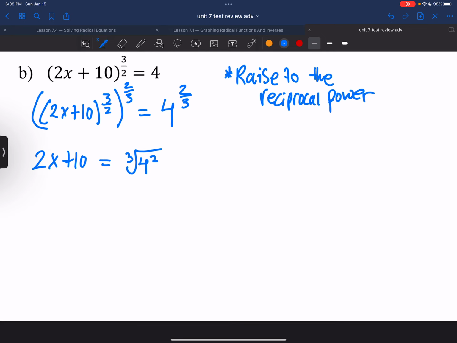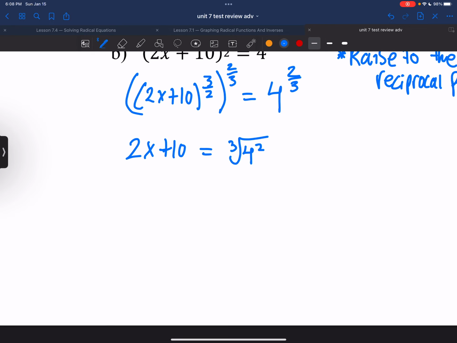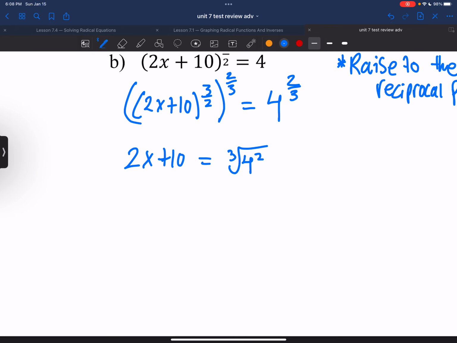Now, we could simplify that real quick, because 4 squared is 16, and I know that there's an 8 in there. So the cube root of 16 is the cube root of 8 times 2, which equals 2 times cube root 2.